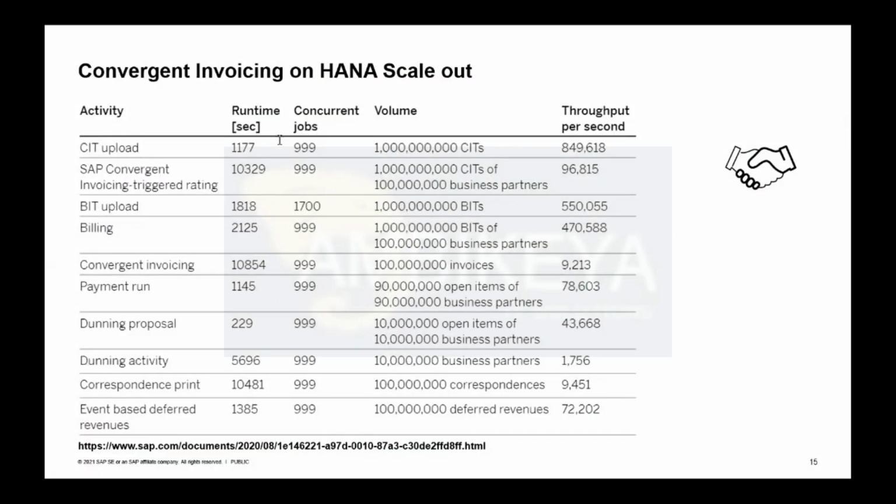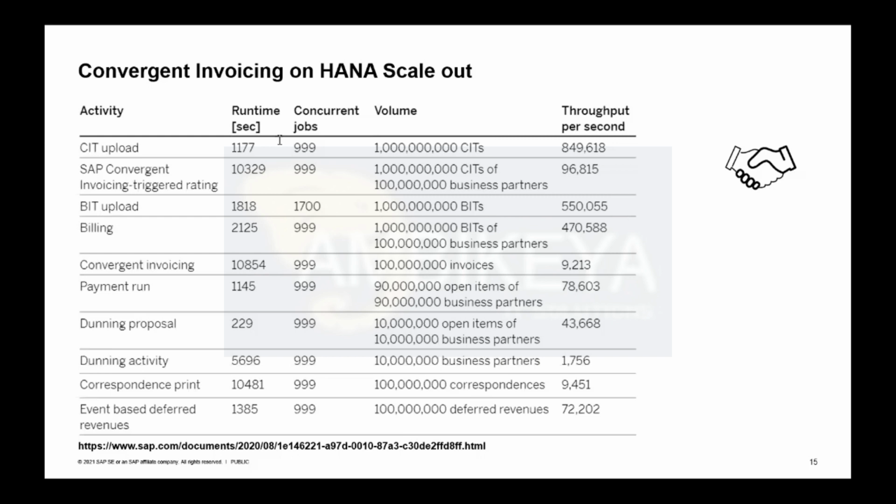So in the end, I have here for Convergent Invoicing a HANA scale. I don't want to read out the numbers, but you see we have very high volumes and a very short runtime, because we can parallelize the processes in mass runs.